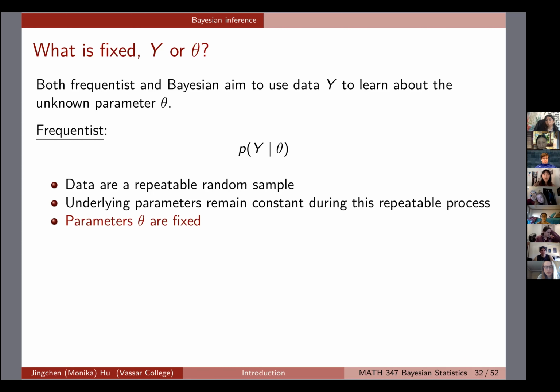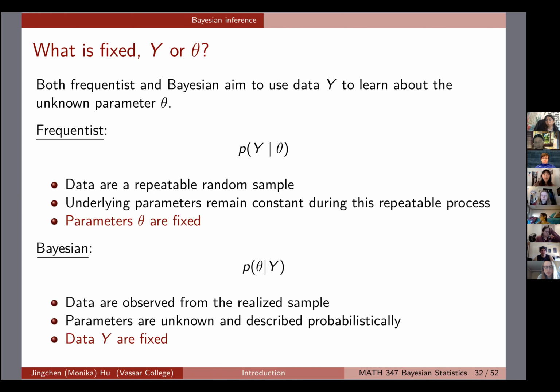On the other hand, the Bayesian method is almost the other way around, in the sense that data is the data. It is what it is. We only have one sample, and that's all we got. We will never get another sample, so we better use the one that we have. So the data are fixed in the Bayesian framework. However, the parameters, theta, even though they're unknown, we think of them as random.